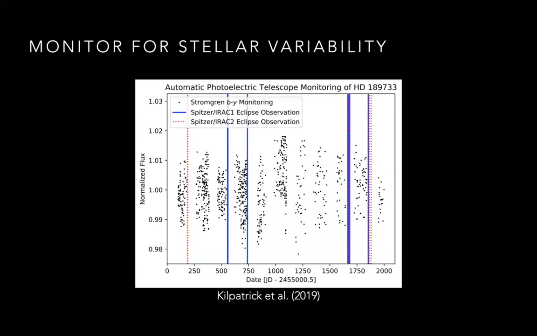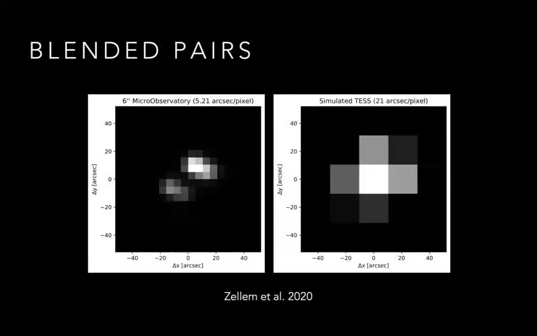So you can get very high precision observations as well. And this data can then help us better understand and interpret high precision observations that are being made by James Webb. And stellar activity is very, very important to understand, particularly by James Webb, thanks to its high precision. Hubble, we could kind of sweep it under the rug a little bit, but with James Webb, it's very important to understand and to characterize. We can also look for blended pairs.